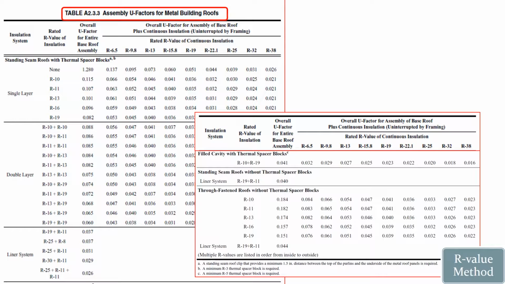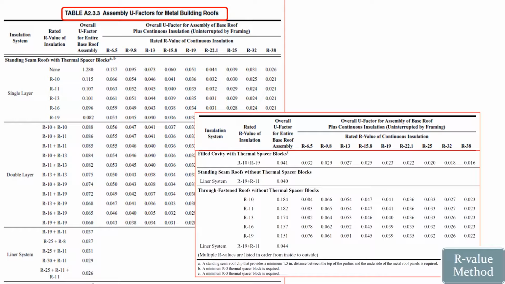Of course, there's always footnotes, and this was a footnote A and B. Coming down here to the lower part, you have footnote A. This assumes a standing seam roof clip with a distance of 1.5 inches. So that's your minimum height of the standing seam roof clip. And note B refers to the R3 thermal spacer block.